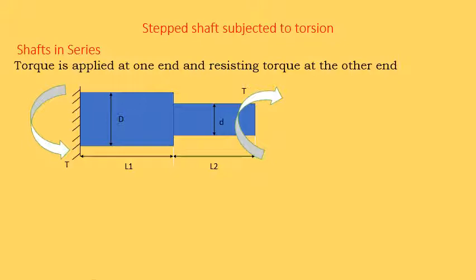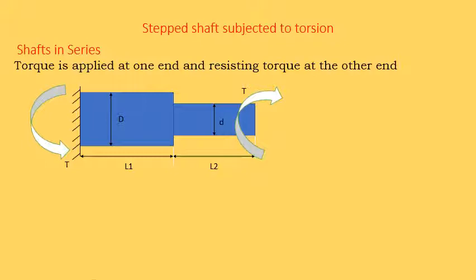In such cases, it is convenient to ensure that each shaft transmits the same torque, and the total angle of twist is the sum of the angle of twist of the two shafts. Please try to understand.